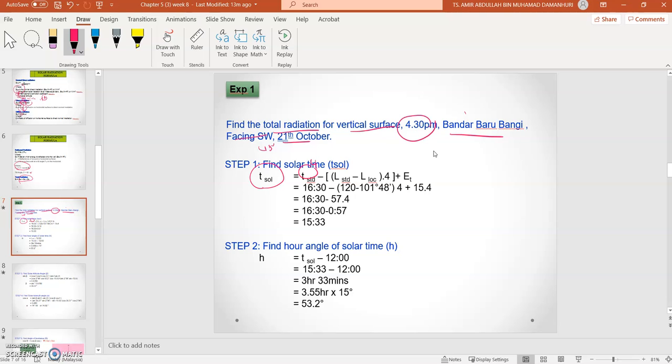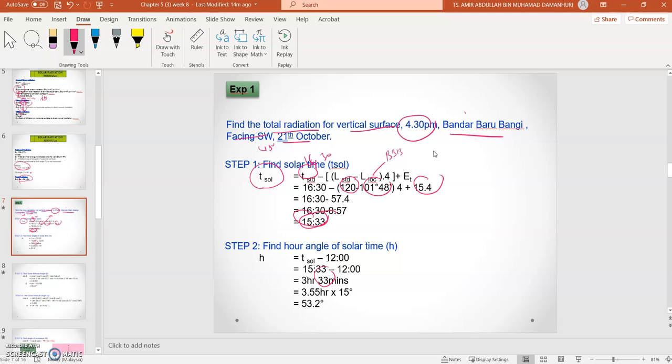The T standard is 4:30 p.m., which is 16:30. 120 is constant. 101 degrees is based on Bandar Baru Bangi. And then the 80 is from the table also. So we find 15:33, and then we have to find the hour angle H. T sol here is 15:33, and since it is more than 12, 15:33 minus 12 is 3 hours 33 minutes.